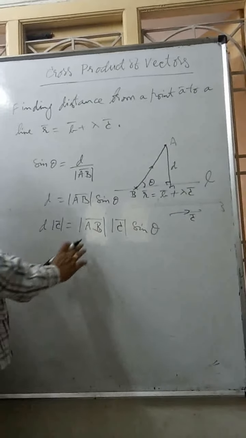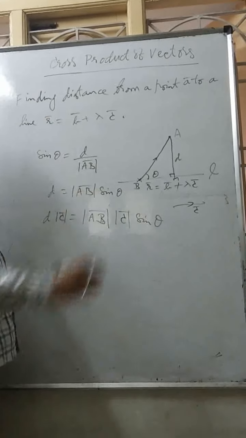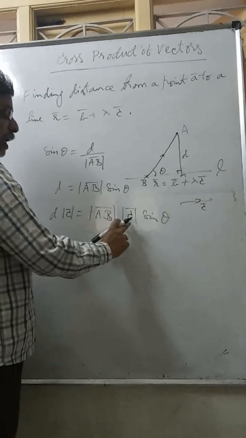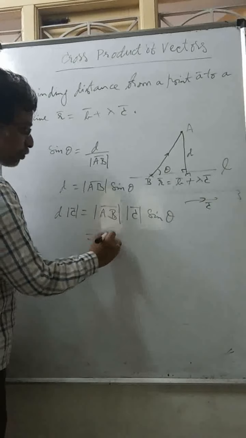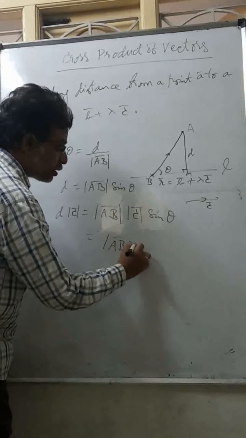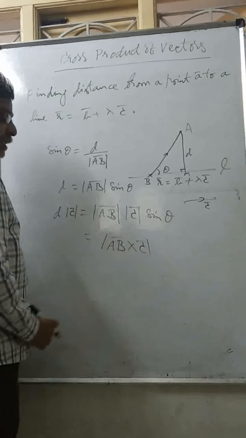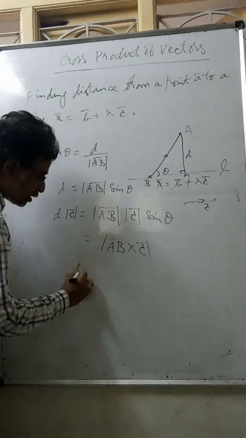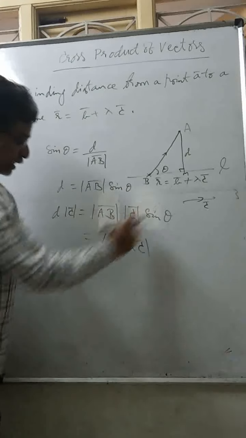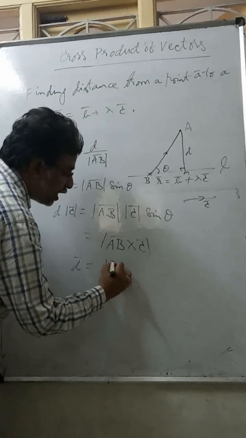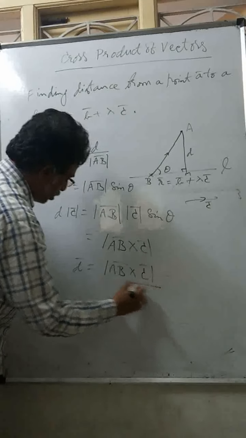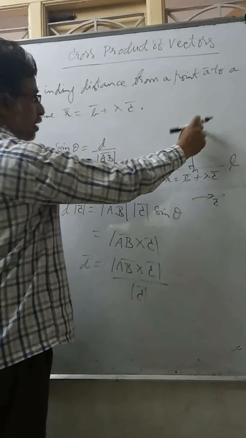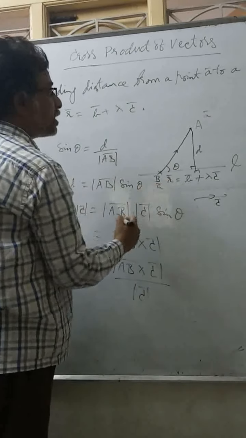Now if you observe, mod AB, mod C into sin theta is nothing but the modulus of AB cross C only, just as mod A mod B sin theta means modulus of A cross B. Now if I bring this mod C to this side, I get the perpendicular distance from A to this line, D equal to modulus of AB cross C bar by mod C. Here AB is nothing but OB minus OA, because I am taking the position vector of A as A bar and of B as B bar, as I already told.